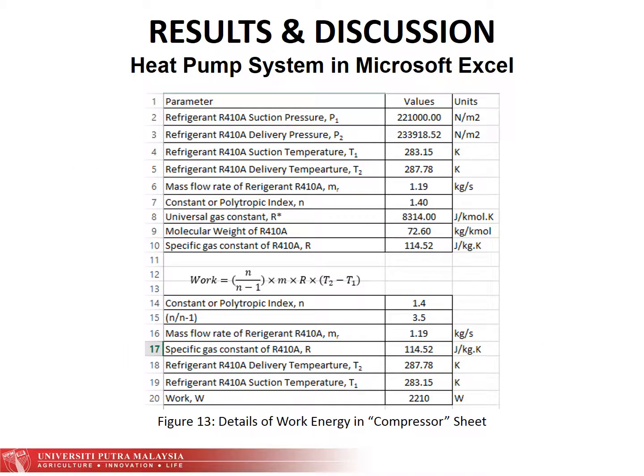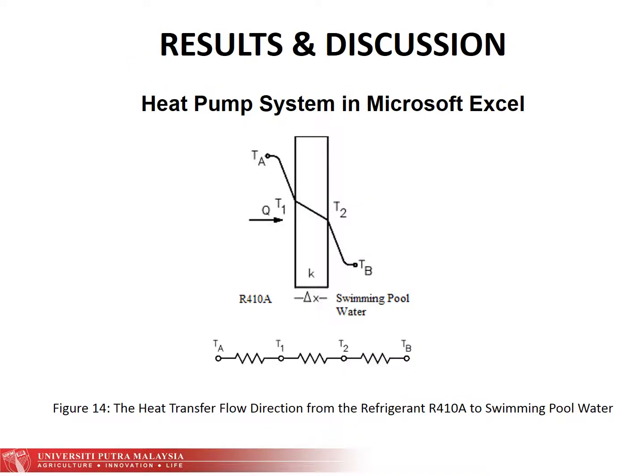After the evaporator part, the system will automatically link to the compressor part, which is the second component in the heat pump system. Figure 13 shows the details of the work energy and the properties in the compressor part. After the compressor part, the system will link to the condenser part, which is the third component in the heat pump system. Figure 14 shows the heat transfer flow direction from the refrigerant R410A to the swimming pool water in the condenser.